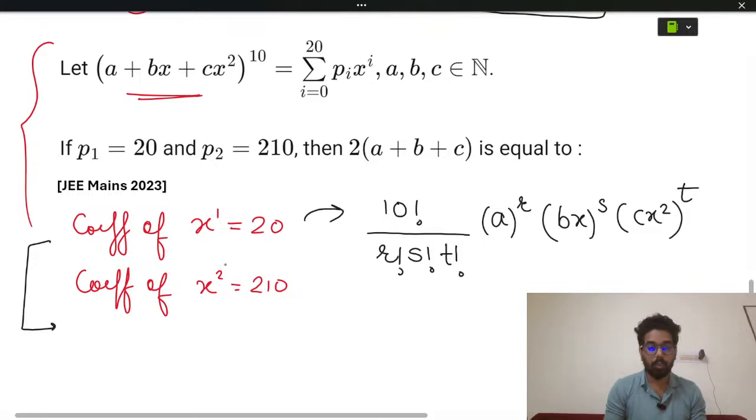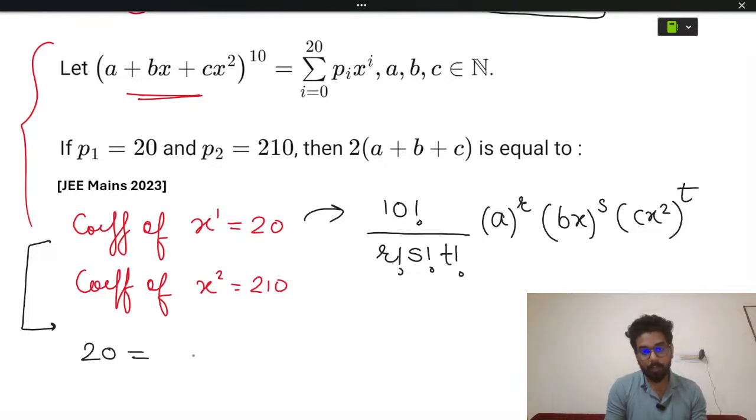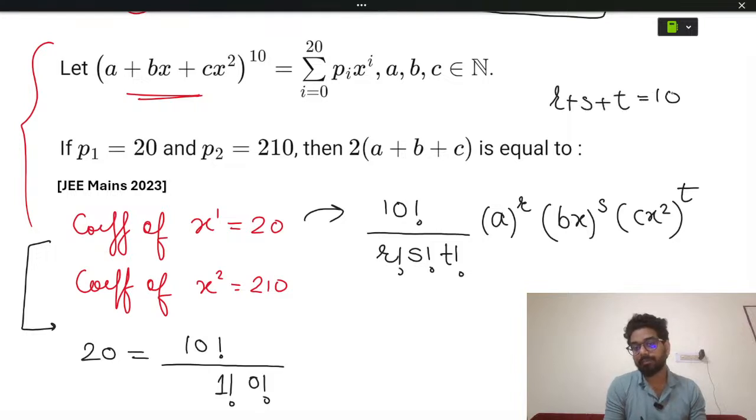If t has to be 0, I can say the coefficient 20 will be equal to 10 factorial upon 0 factorial. Now the power on x has to be 1, so the only possibility is s equals 1, so 1 factorial. And if s is 1, r plus s plus t has to be 10, that's what we have said, the total power has to be the given power 10.